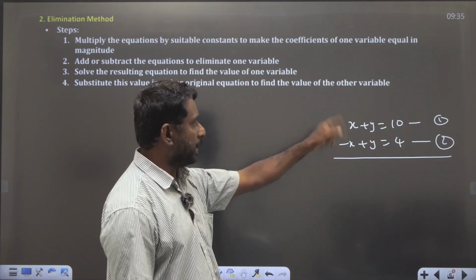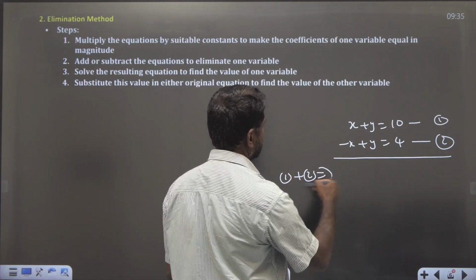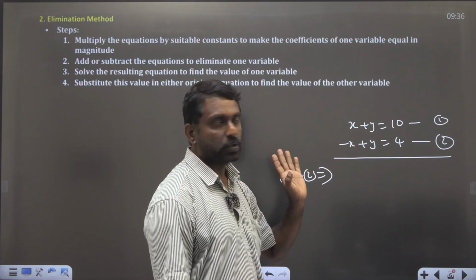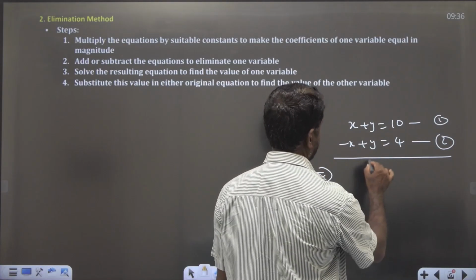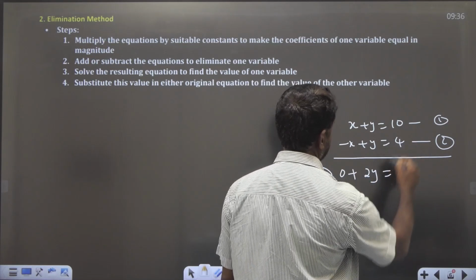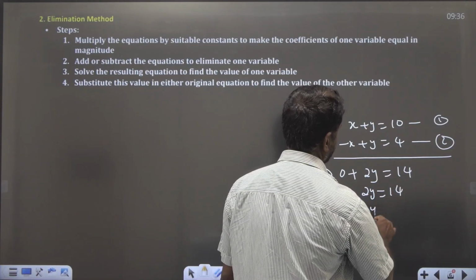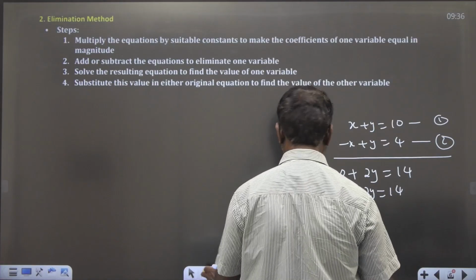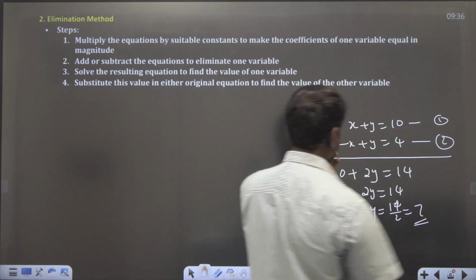If we add these two equations, 1 plus 2, x plus minus x is 0, and y plus y is 2y. On the right hand side, 14. 2y is equal to 14, so y is equal to 14 by 2, that is 7.